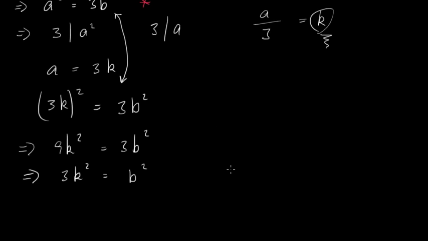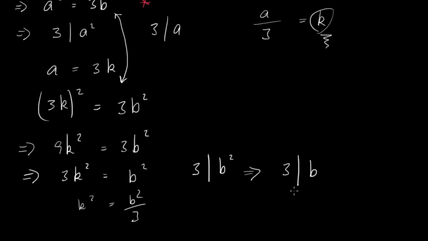Now again, if 3 divides b squared, so we know that b squared is divisible by 3, it'll give us a whole number, k squared here. So in other words, k squared is equal to b squared over 3, if you like. If we divide b squared by 3, we'll get some integer, a whole number. So we know that b squared is divisible by 3. 3 will divide into b squared. That means that 3 will also divide into b.